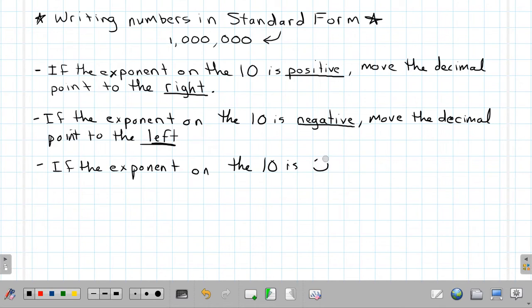Let me write out the word 0 here so we don't mistake it for an O while we're writing in a sentence. If the exponent is 0, that means it's neither positive nor negative. If the exponent on the 10 is 0, don't move the decimal place, or the decimal point. Basically the decimal point's going to stay just where it is.